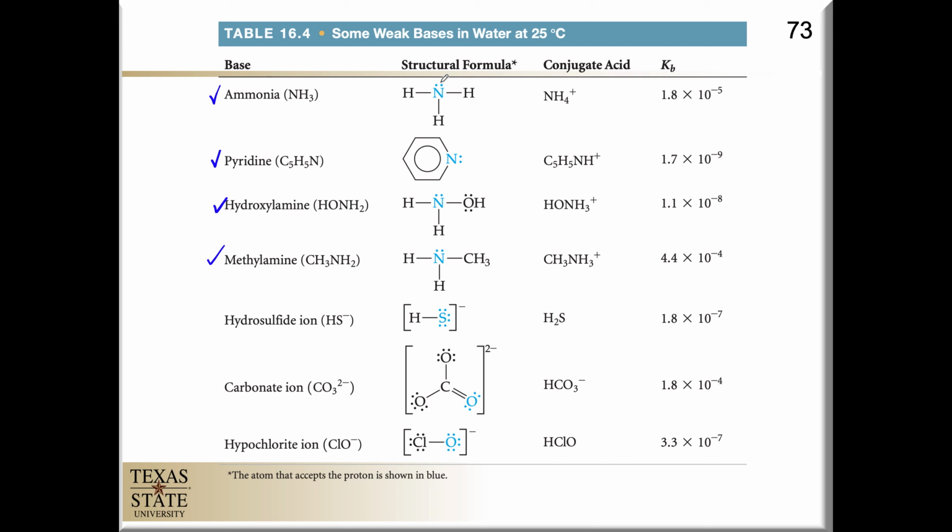That proton comes and binds to that central nitrogen wherever that lone pair of electrons was. So once we have that hydrogen bonded to the center atom, that molecule can no longer accept another proton. So that makes it a conjugate acid, and it therefore would not be a base anymore.